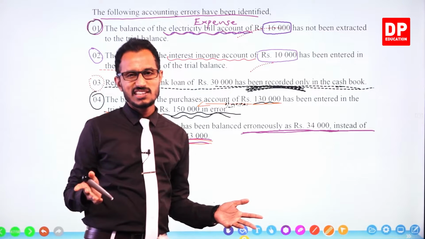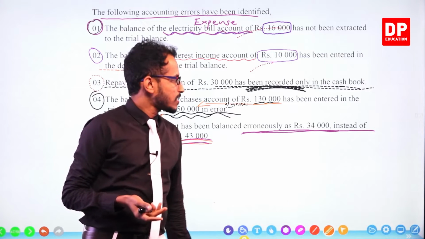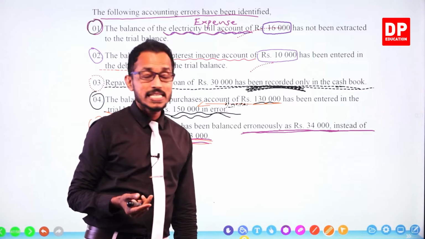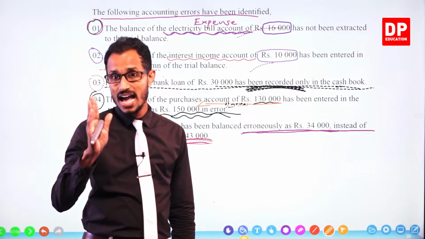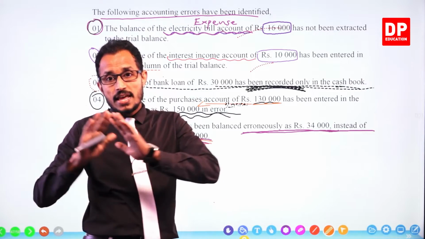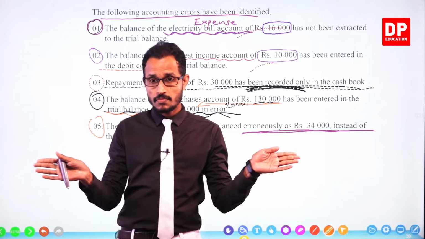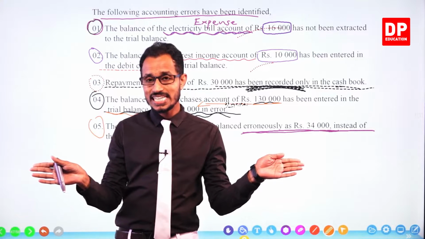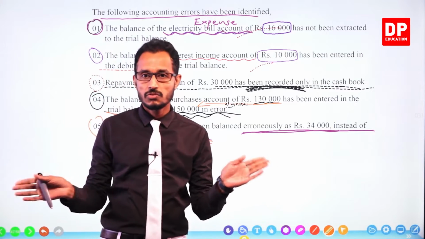Yes, this error affects the trial balance because it is an error which has occurred in a ledger account when balancing. See, the debit and the credit, both entries are not involved here. There's only one entry involved.